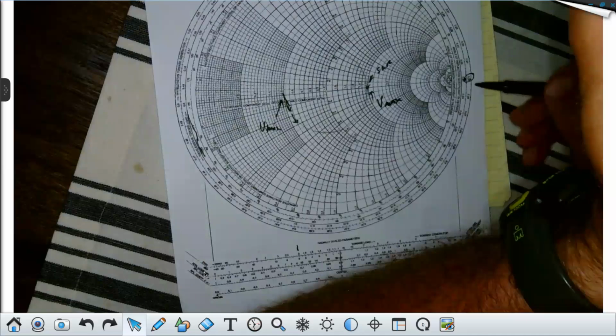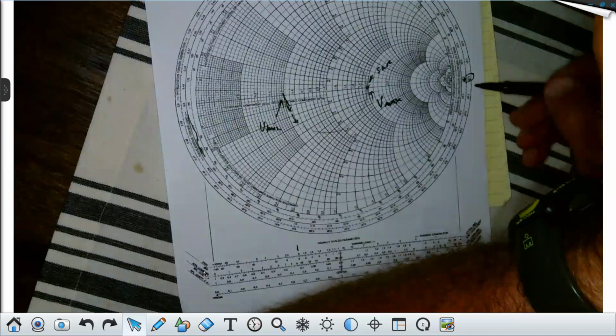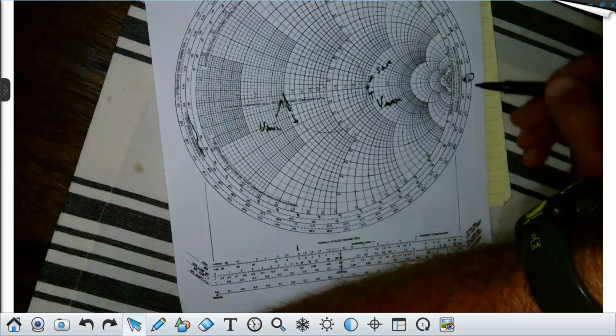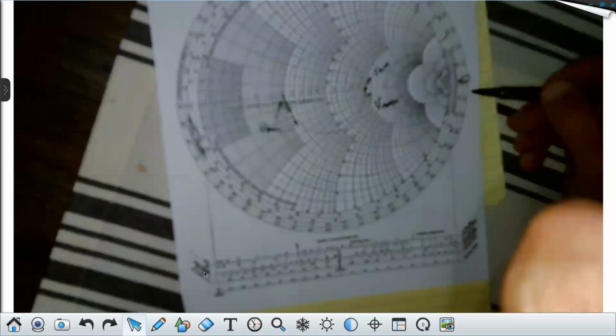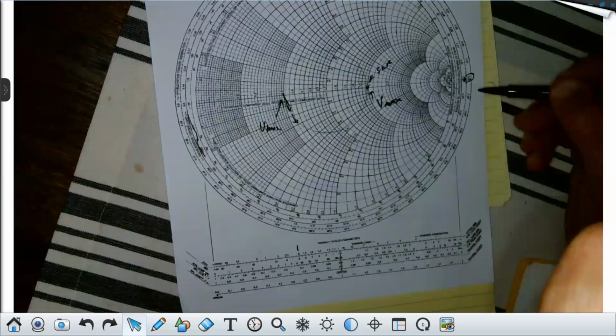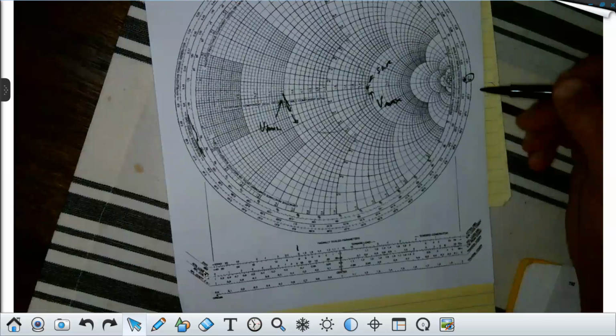So when I add 0.3 to 0.25, I get 0.55, correct? Now, what's the golden rule? Anytime you get more than a half wavelength, what do you do? Subtract a half wavelength. So we subtract a half wavelength and I get 0.05, right? How many understand that?